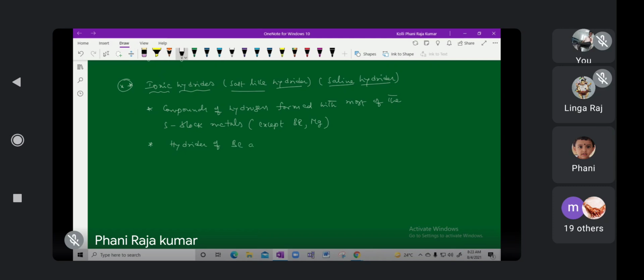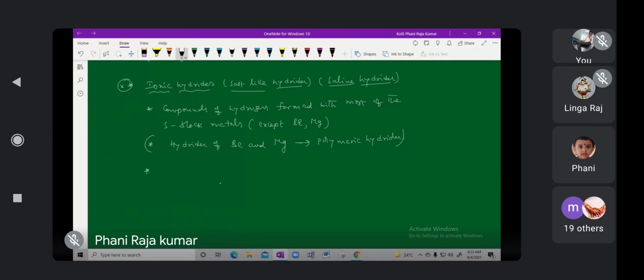Hydrides of beryllium and magnesium are polymeric hydrides. We have three important elements that form polymeric hydrides in the main group: beryllium and magnesium from the s-block, and aluminium from the p-block. Those three element hydrides are polymeric hydrides.